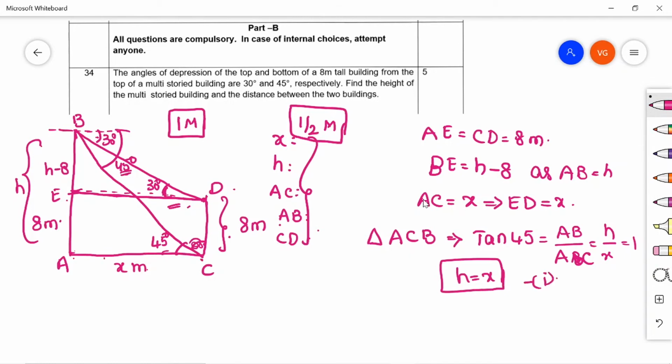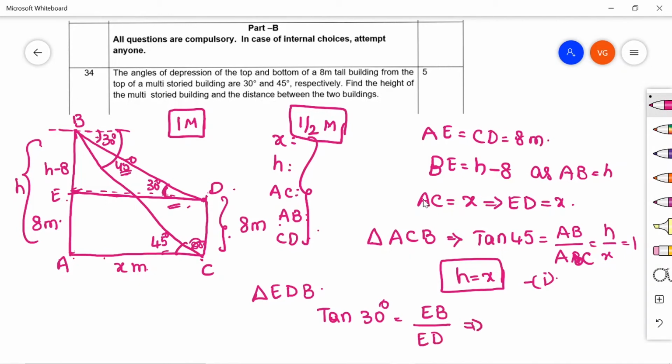Now write for tan 30 degrees. So that is this triangle, triangle EDB, or BDE, anything. So you consider tan 30 degrees is equal to, again, opposite side EB divided by adjacent side ED.